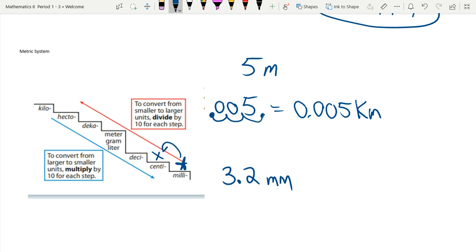So we're moving up just one place. I'm going to go to the left. You can see I'm moving my arrow, that red arrow, going up the stairs. So I'm going to go up one spot. So my answer, converting from millimeters to centimeters, is 0.32 centimeters.